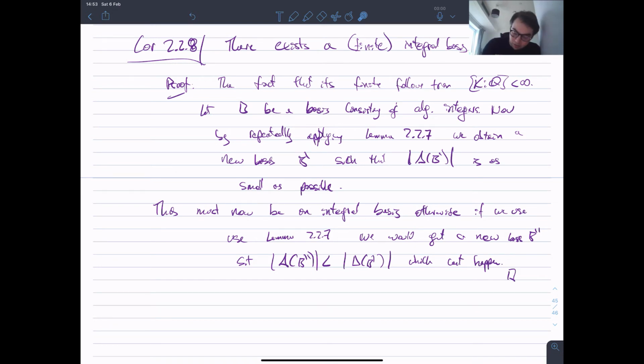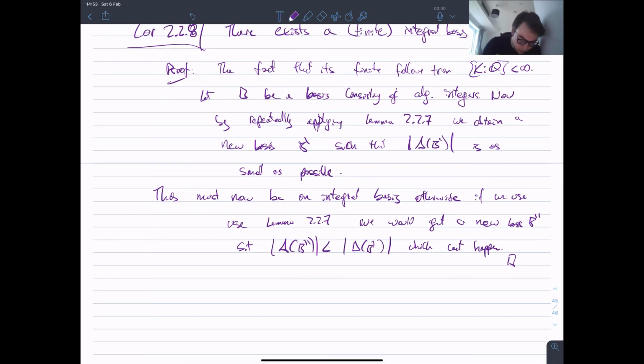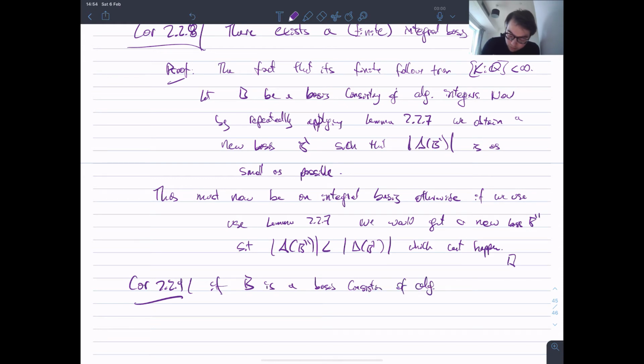Here's a fun little corollary, corollary 2.2.9. Suppose B is a basis consisting of algebraic integers, and the discriminant of B is square free.